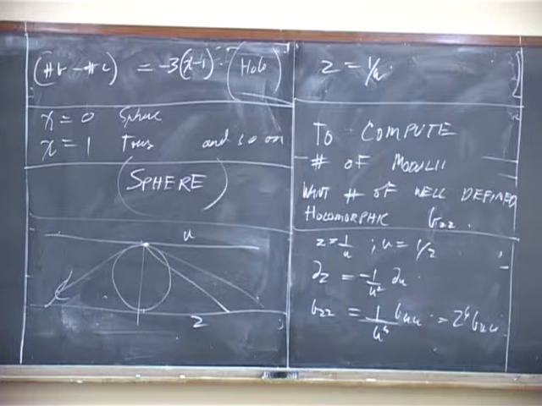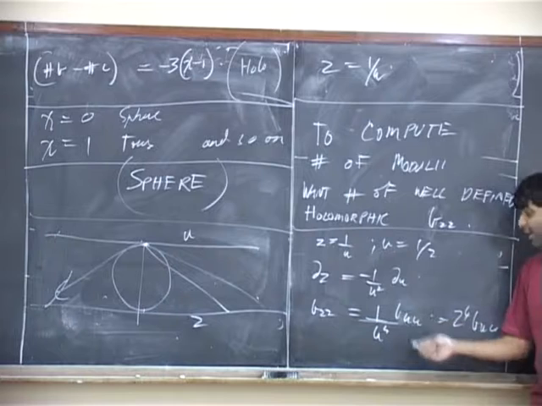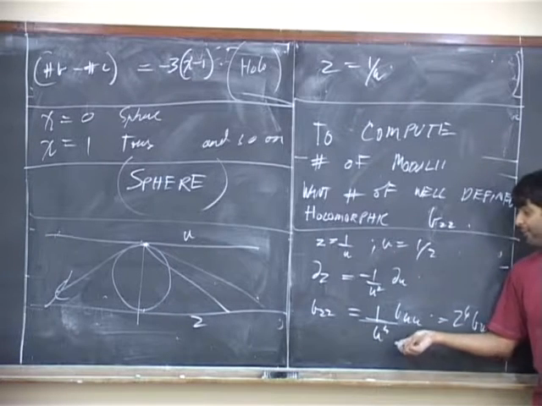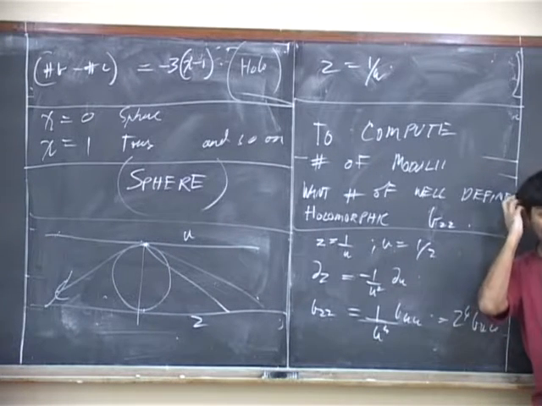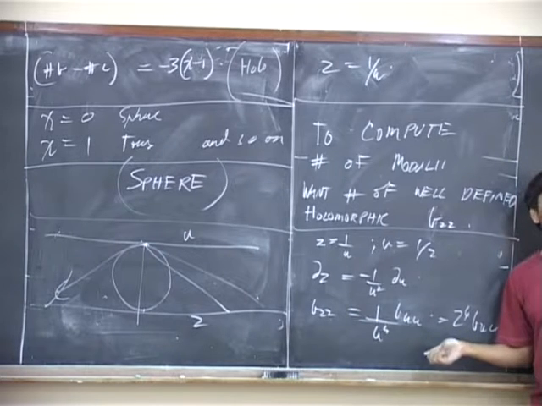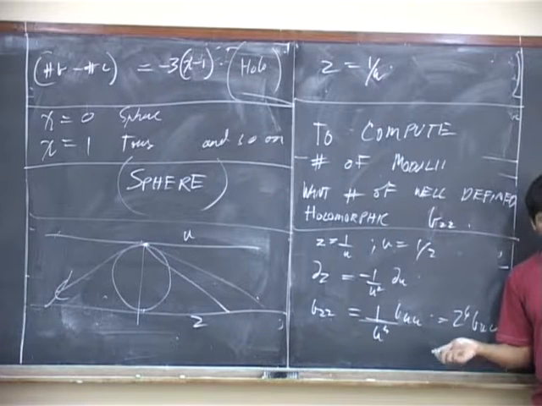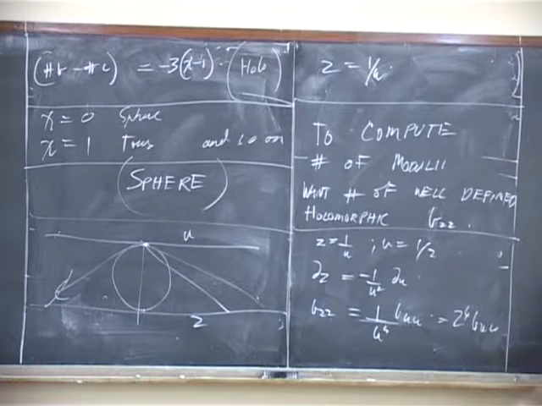Is this clear? Okay. But now we want B_zz to be holomorphic, and we want it to be well defined at z equals infinity, which means B_uu should be well defined at u equals 0.